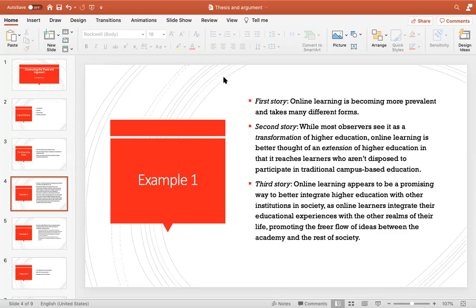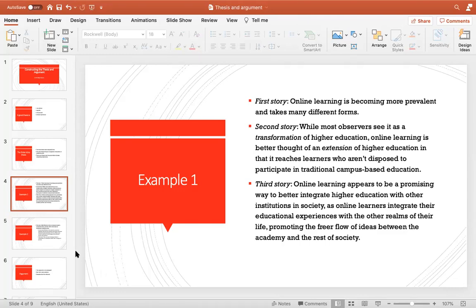Now, for your paper that you are going to write, I'm expecting that at least you should write a thesis statement which is a second story thesis statement. Ideally, a third story, of course, is perfect if you can do that. But if you cannot, then at least a second story thesis statement should be there. I'll give you more examples to explain it.